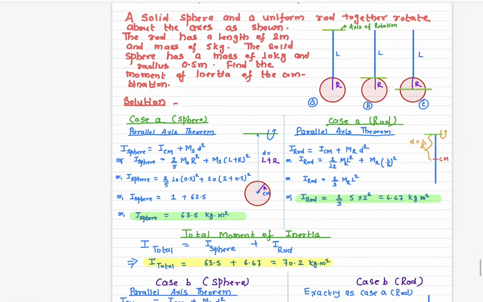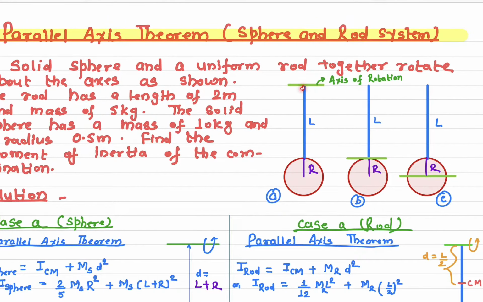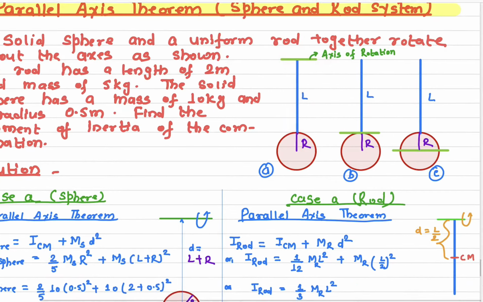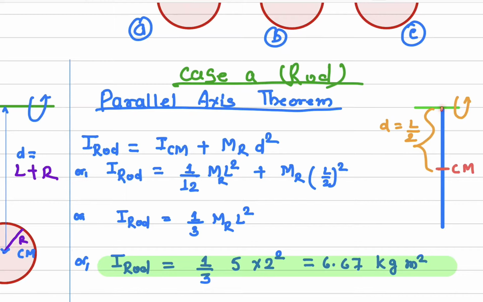Now let's calculate the moment of inertia of the rod about this axis of rotation. So this is the rod and this is the axis of rotation. Let me recall the parallel axis theorem again. First, you need to find the moment of inertia through the center of mass about the axis of rotation.